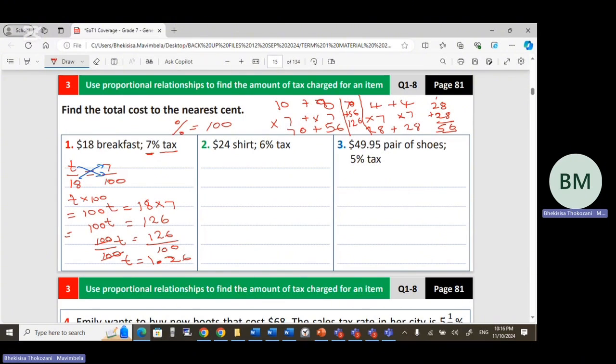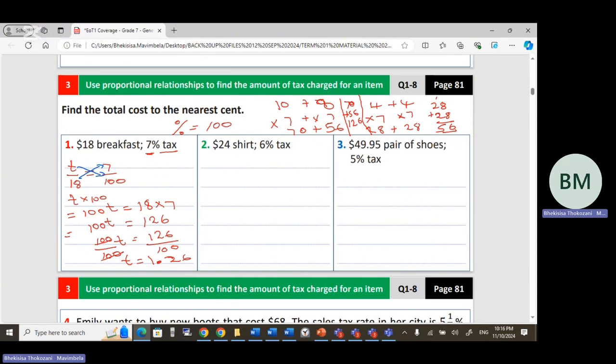And that's it. So this is not the final answer, of course. Once we have done this, we always want to know the total cost. For total cost, if it's tax, we're going to add. So we're going to say 18. Be careful. You see how I'm writing my 18?